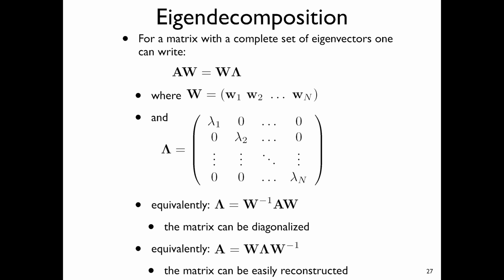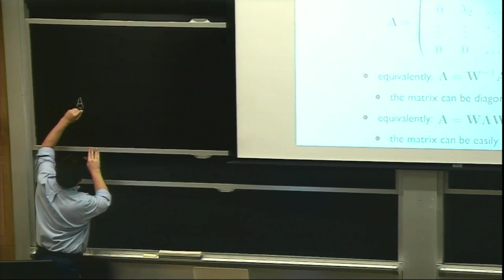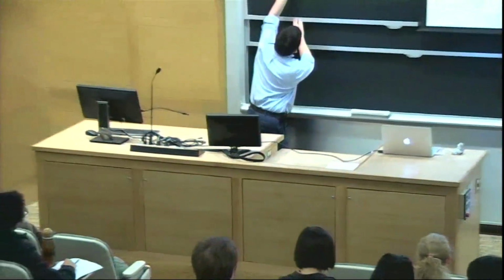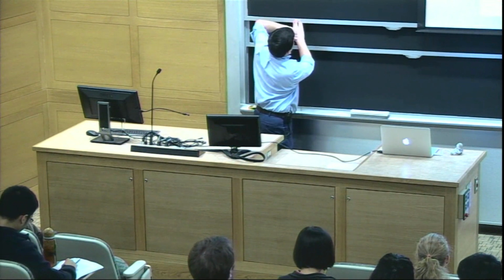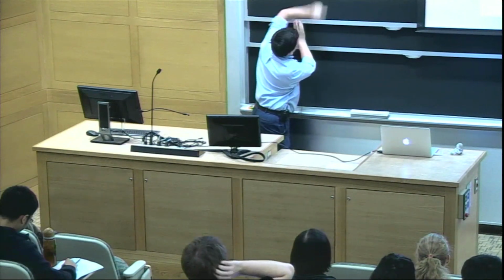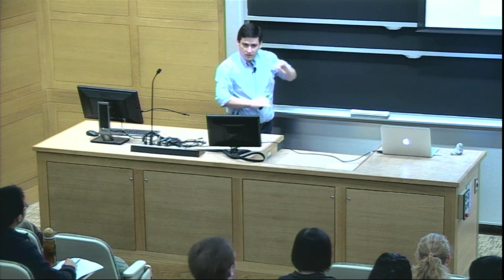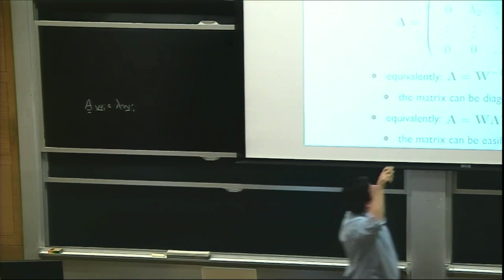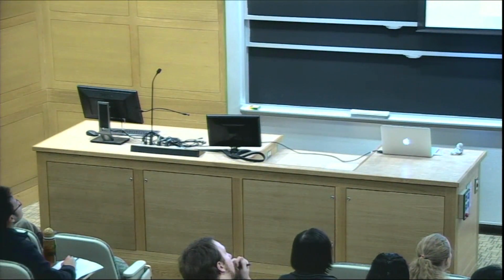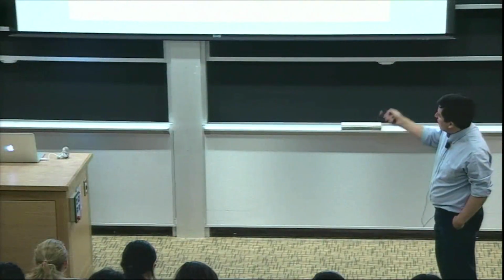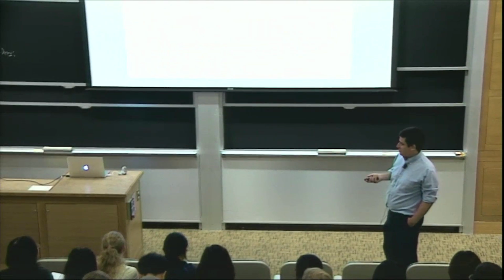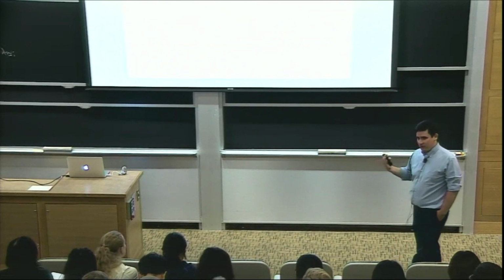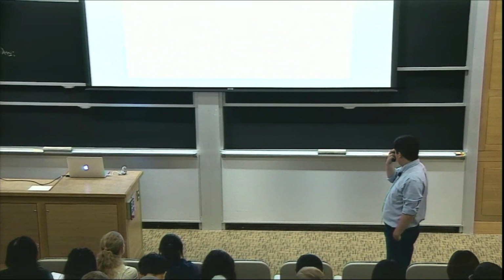This is nothing more than a restatement of the original eigenvalue problem, A w = lambda w, but now each eigenvalue has a corresponding particular eigenvector, and we've stacked those equations up to make this statement about matrix multiplication. We've taken each of these w's and made them the columns of a particular matrix. But it's nothing more than a restatement of the fundamental eigenvalue problem we posed at the beginning.